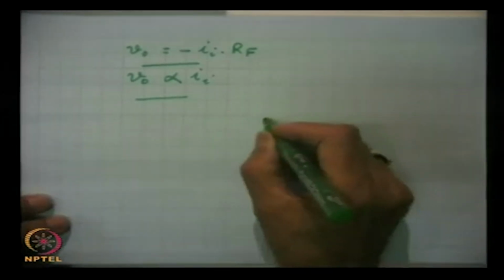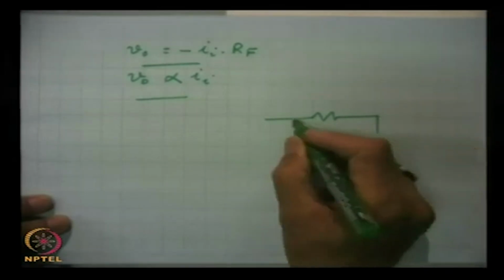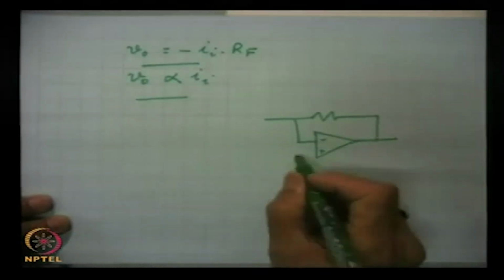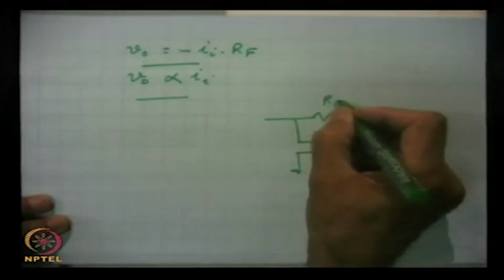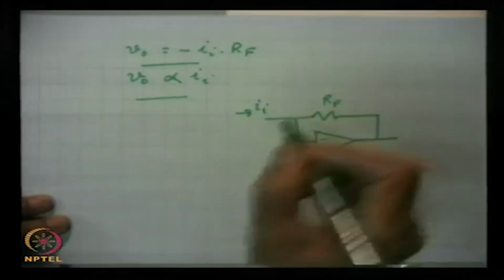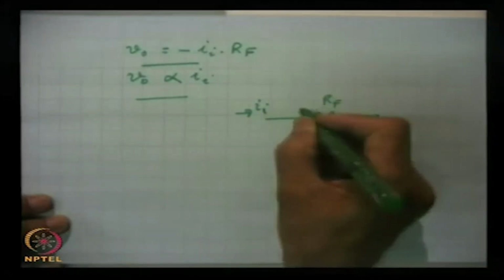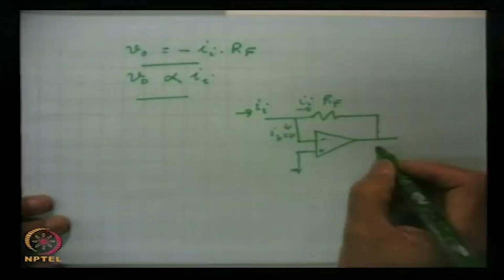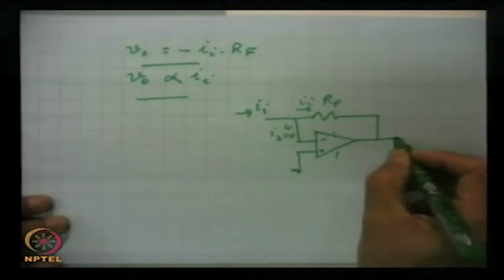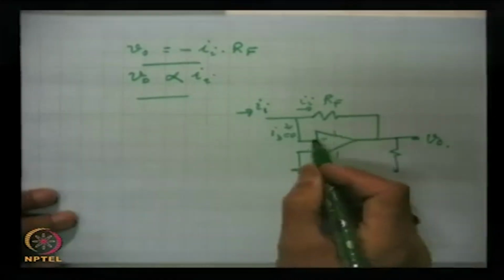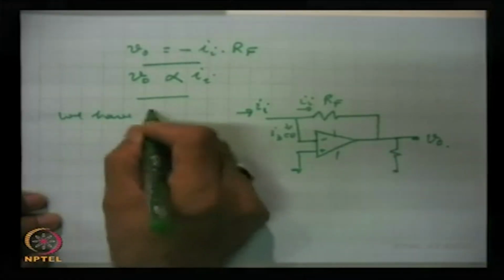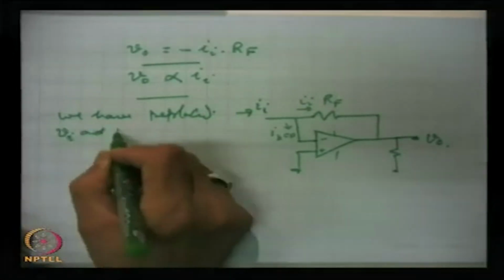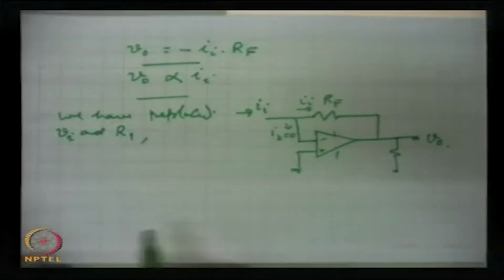And what we have done, this is RF, this is current I1, and this is the same as I here, because this current IB is very close to 0, and we have replaced the voltage source Vi and resistance R1 by its current equivalent, and we get this circuit.